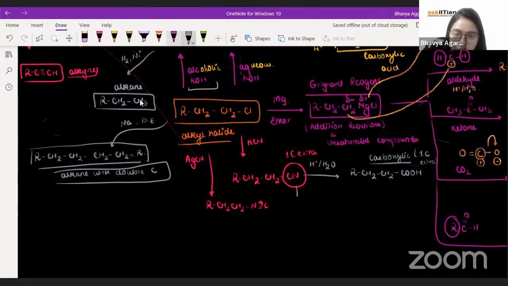Okay, same way, if you treat this cyanide part with, let's say, LiAlH4, which is a reducing agent, in that case you will get an amine. Stephen's reduction will give you an aldehyde.